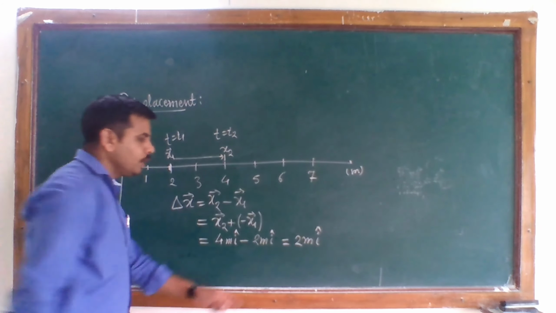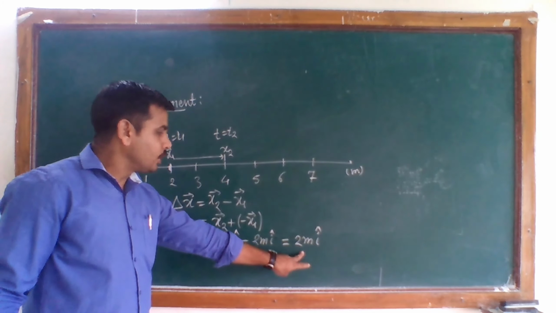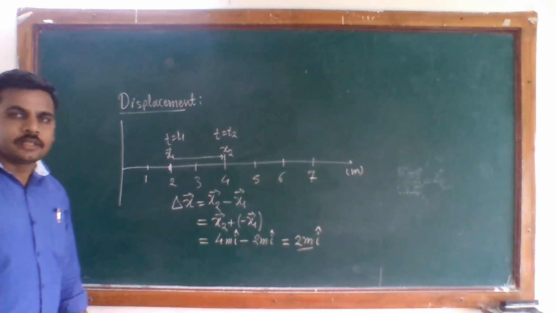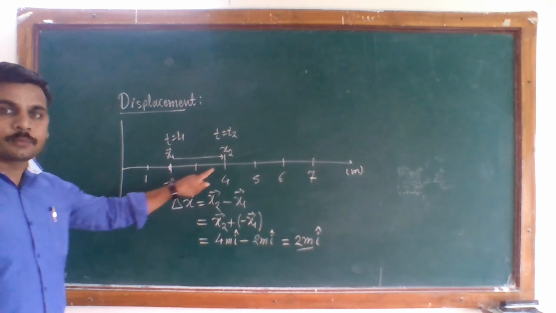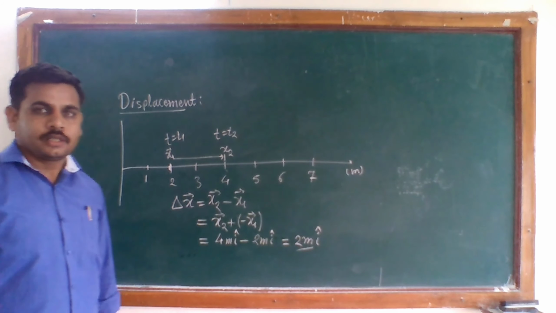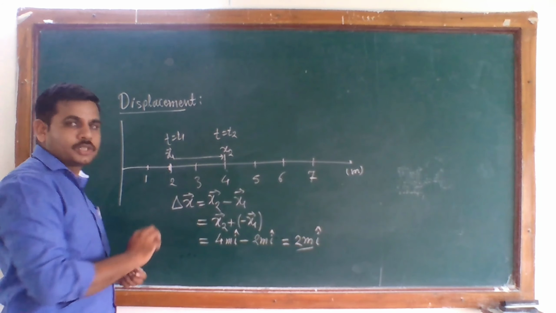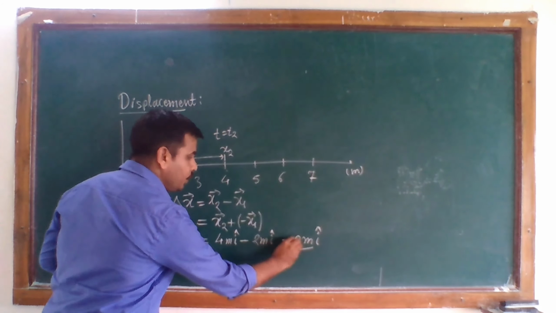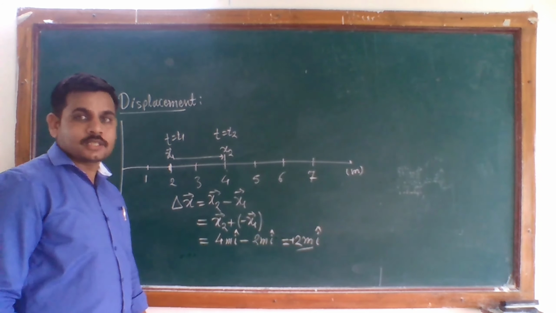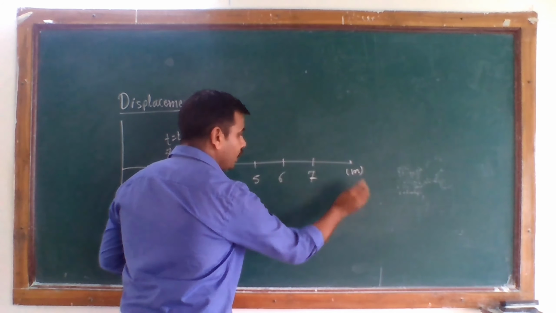Okay. So this positive value, your delta x, which gives 2 meter i cap, this positive 2 meter, your car changes its position from x1 to x2, which is 2 meter. So here we can see that this object changes its position by a positive value. This positive value tells us the car is moving along a positive or forward direction.